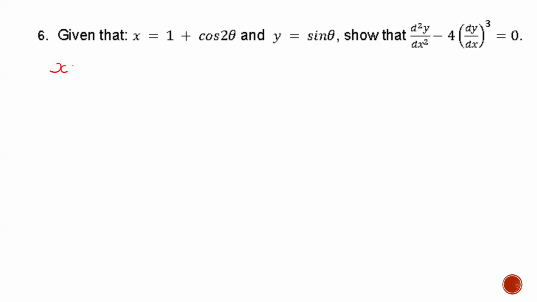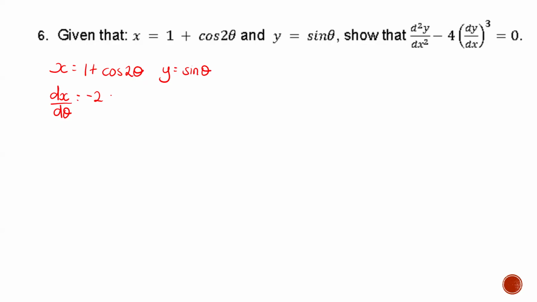We have x is equal to 1 plus cos 2 theta. Then you have y is equal to sine theta. So dx d theta first, right? The dx d theta is equal to, so we see that we have a double angle here, and that will give us negative 2 because of the derivative of cos, the negative sign, right?